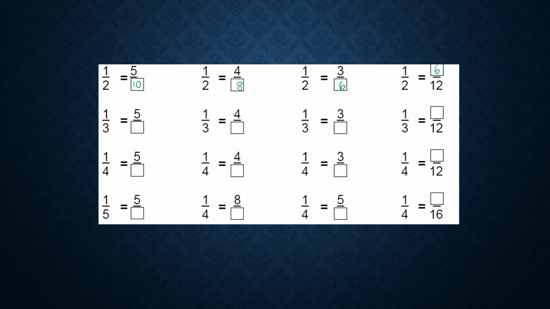Then we have 1/3 is equivalent to 5/15, 4/12, 3/9, and 4/12 again here. 1/4 is equivalent to 5/20, 4/16, 3/12, and over here we'd put 3/12 again. Then on the 1/5, that's equivalent to 5/25.